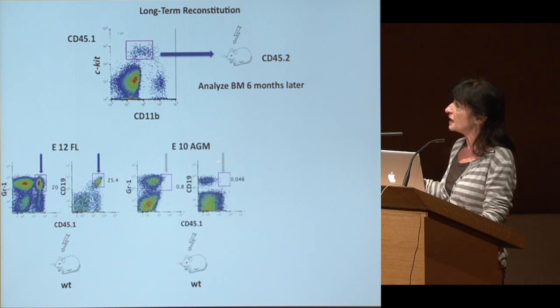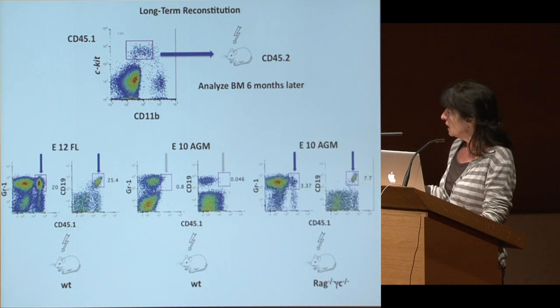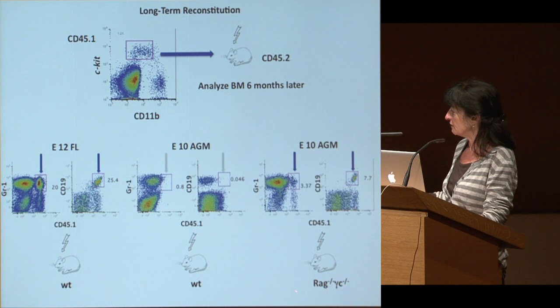Now, when you do the same with day 10 AGM cells, you find no reconstitution whatsoever. However, if instead of using a wild-type recipient mouse, we use a Rag-gamma knockout mouse, now you see reconstitution, a little more modest, but still reconstitution in these animals.